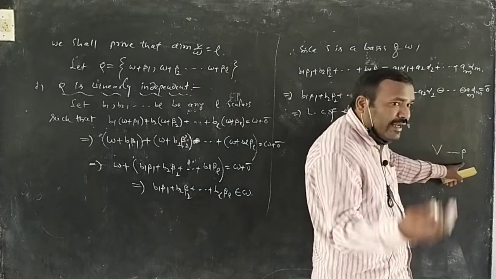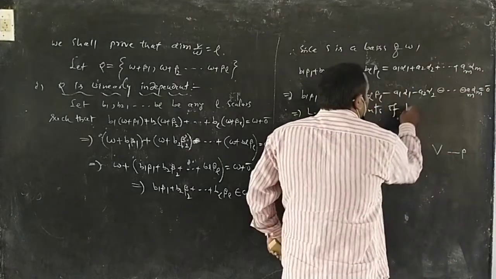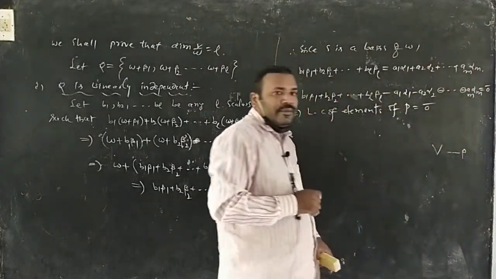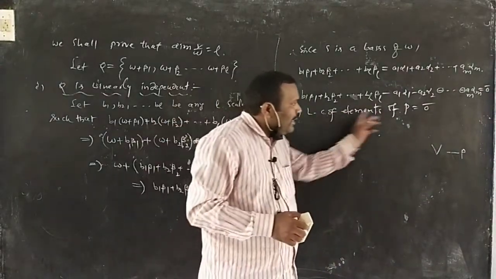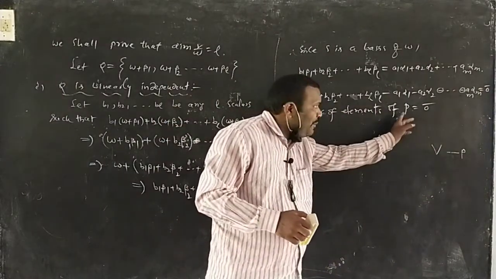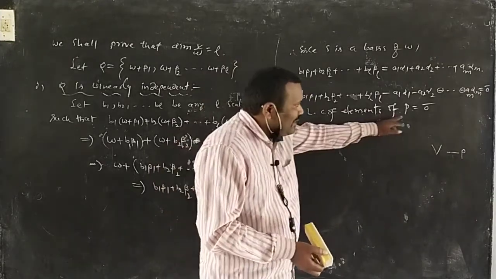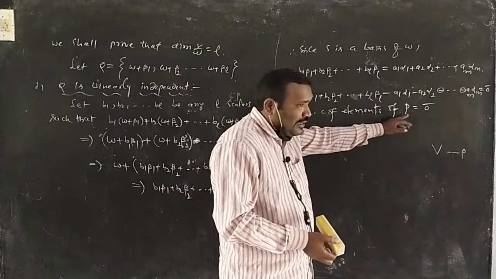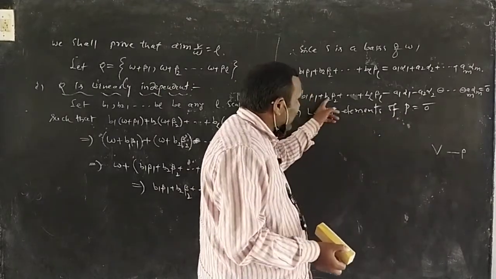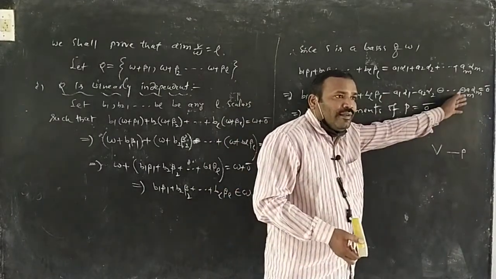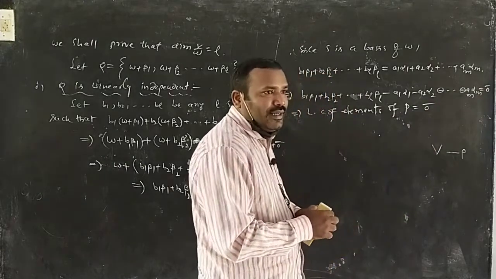Basis means it is linearly independent. Linear combination of elements of P equal to 0 bar. P is a basis. Basis means linearly independent set. That means P is linearly independent. So since P is linearly independent, all scalars in this linear combination are zeros. Understand?